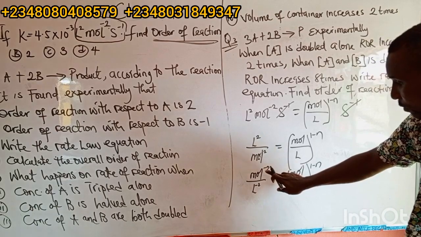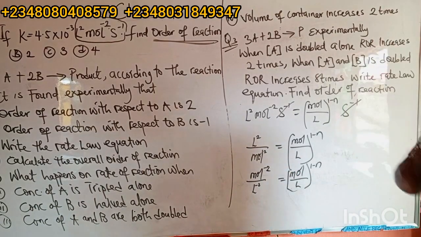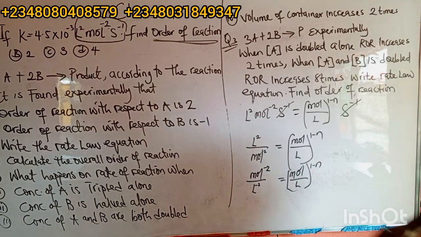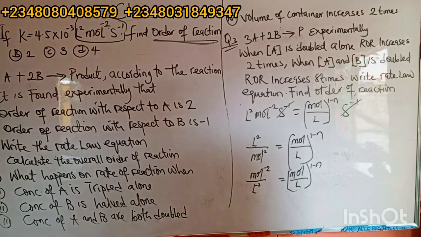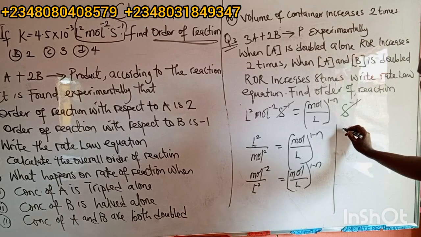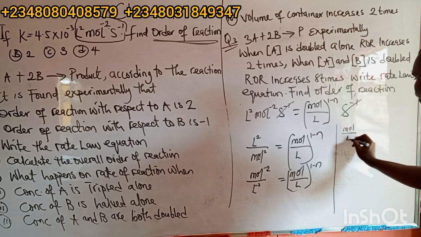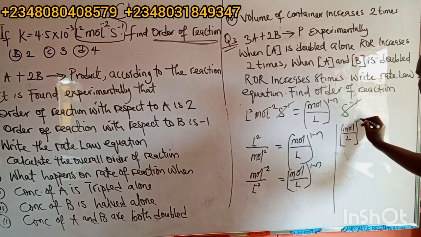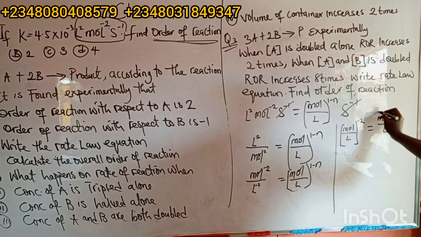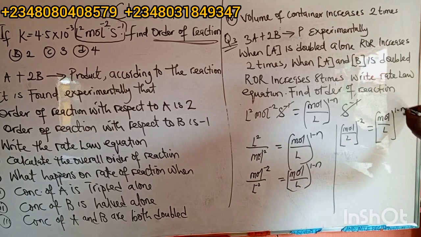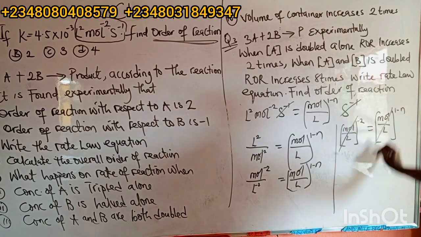That means this minus means 1 over. That is inverse. Then what do they have in common? They have minus 2 in common. Bring it out, and we have mole per liter raised to the power minus 2 equal to mole per liter raised to the power 1 minus n. This cancels this.